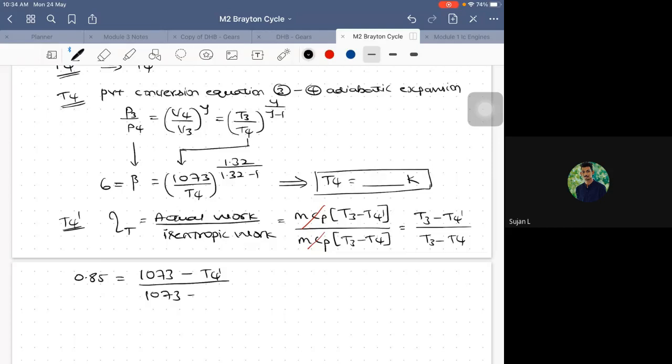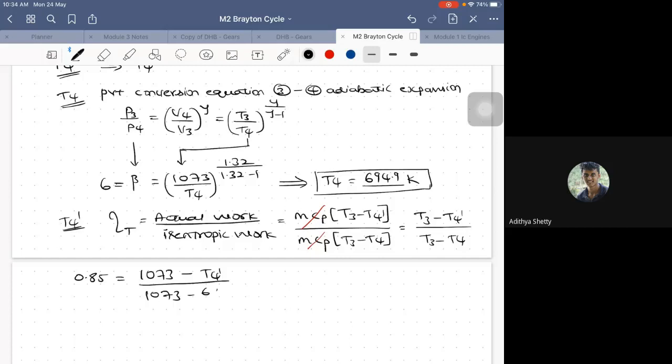How much is the value of T4? 694.955. 694.9.